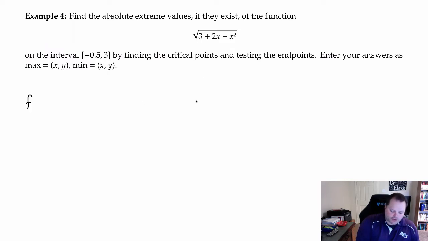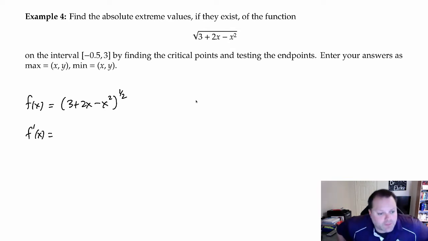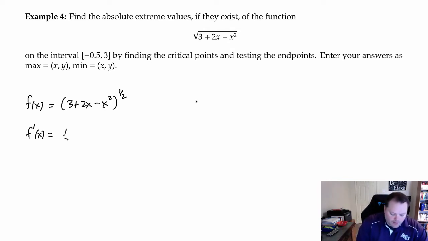So our function is (3 + 2x - x squared) to the 1/2 power, because it's the square root. So the derivative of this function would be 1/2 times (3 + 2x - x squared) to the -1/2 times the derivative of the inner function.